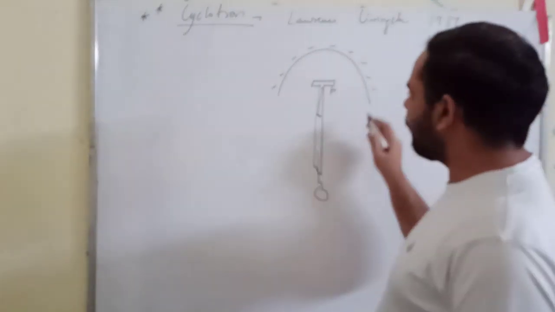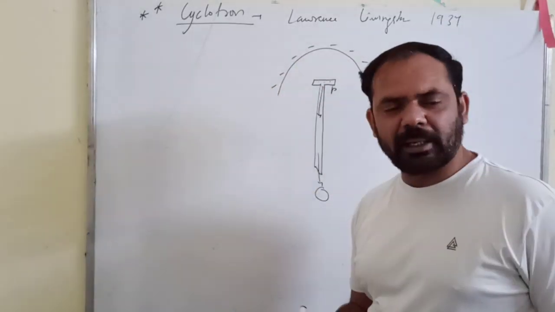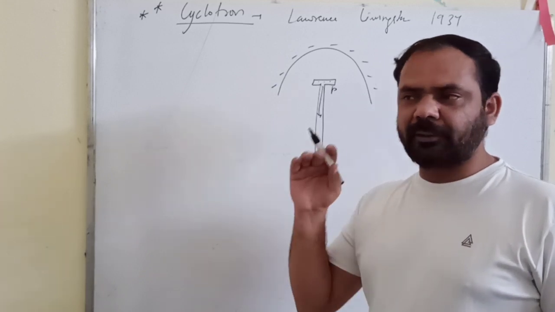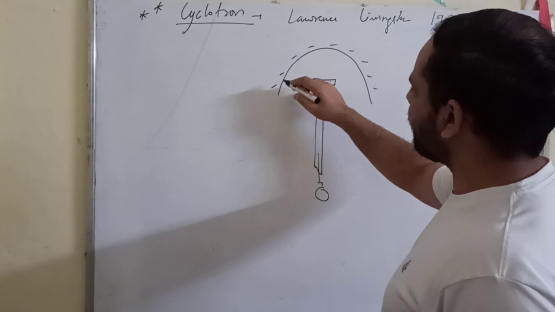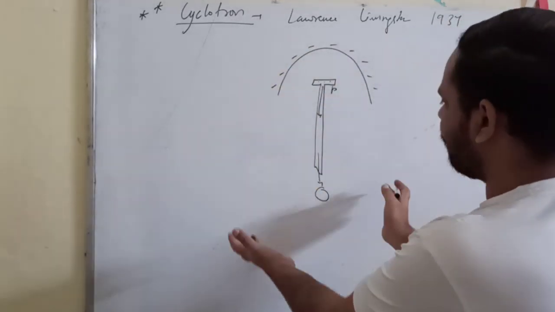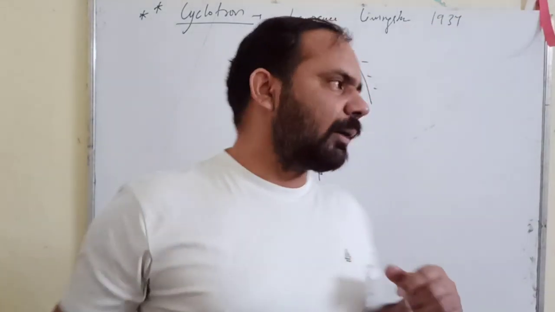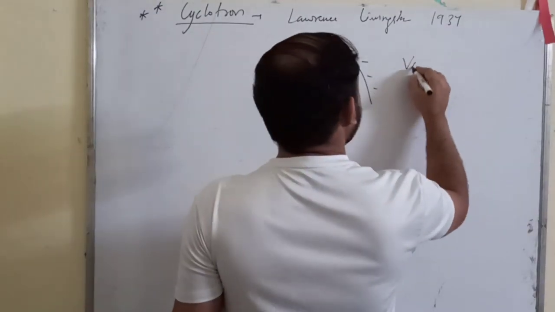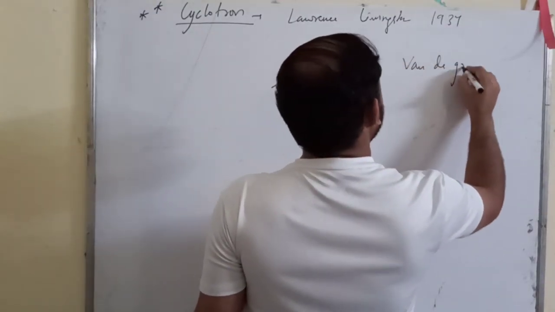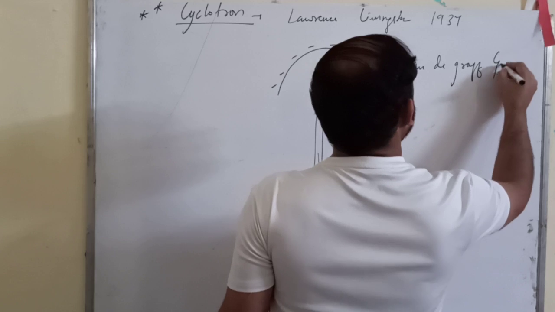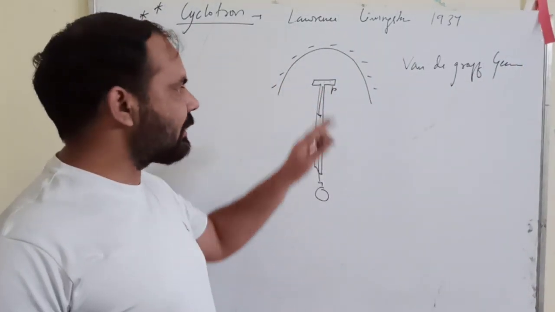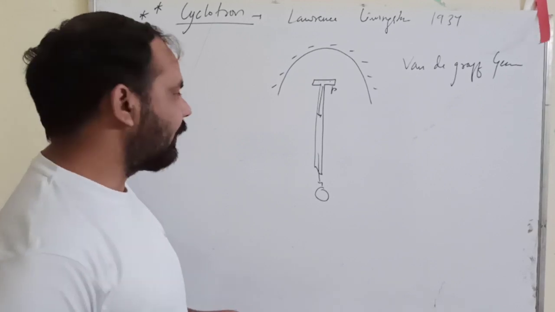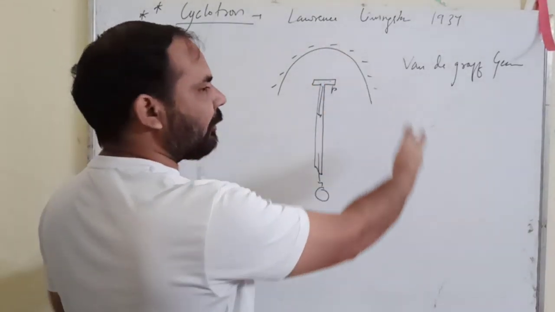Okay, these types of devices are called accelerators. They are used to accelerate the charged particles. Initially these accelerators were of this type, and one of the examples was the Van de Graaff generator. But there is a problem with these linear accelerators: they need a large amount of space.